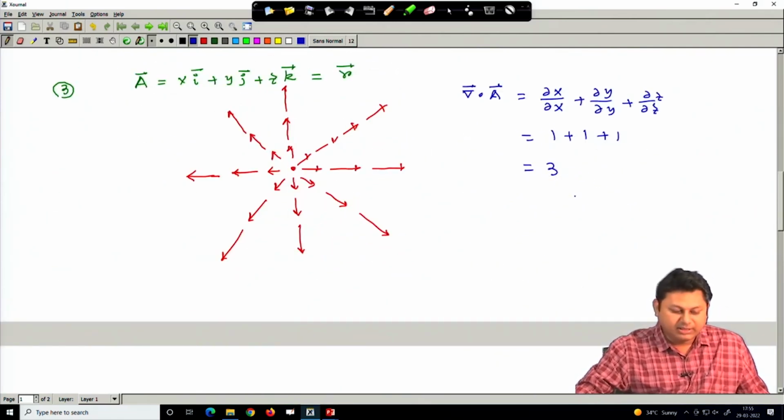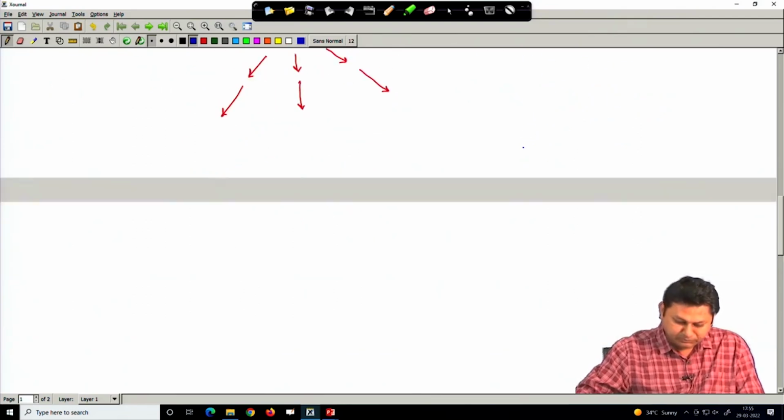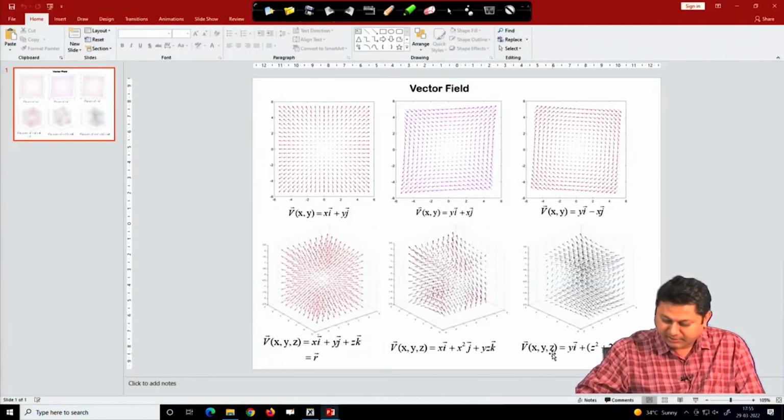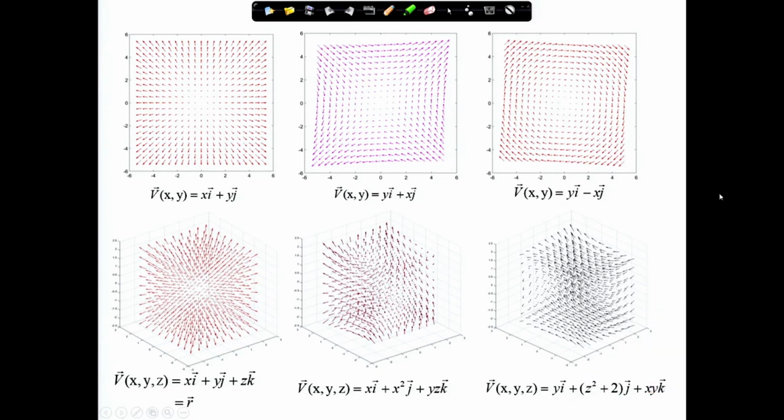Well, this is the way you can understand the divergence, but now I would like to show you some typical vector fields, so that you can have an idea that if somebody is saying it is diverging, how it looks.